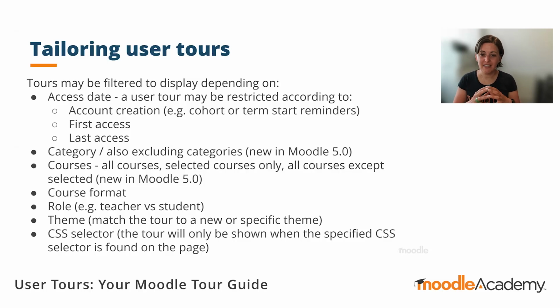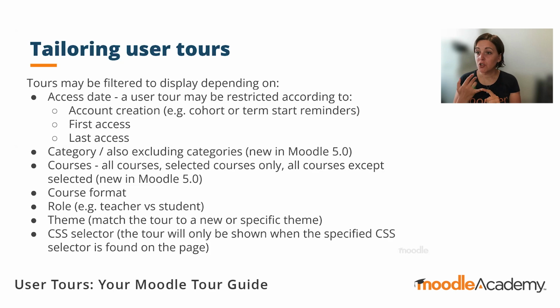Similarly, you can use categories since Moodle 5 to display to specific categories, or exclude categories you don't want the tools to be displayed in, which can be useful if you have, I don't know, different faculties, etc., or maybe you want to show the tool only to your training area because it's about how to use a new feature in the quiz for teachers.